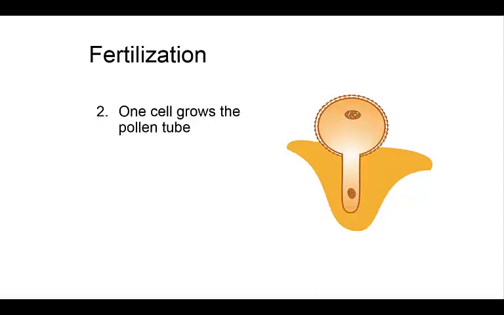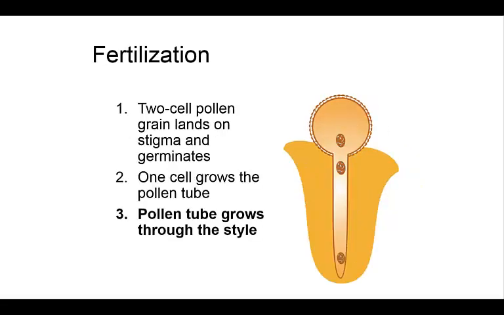One of these cells grows a tube down through the stigma and into the style. In fact, it grows all the way through the style. Once the pollen grows through the style, the other cell begins to move down with it and follow it into the ovaries.